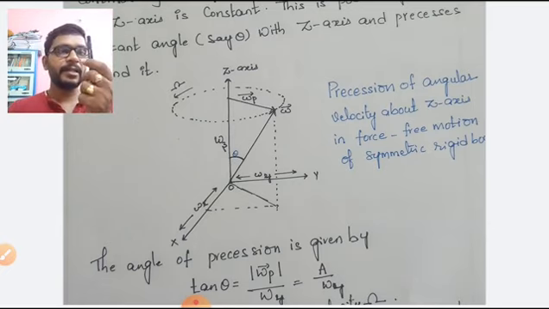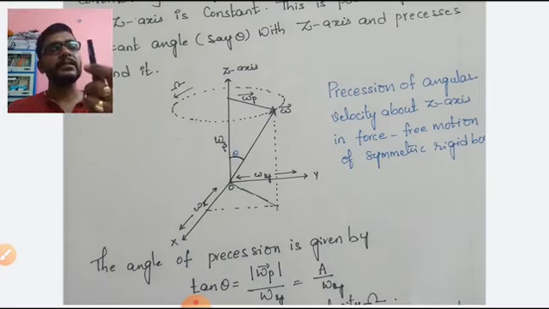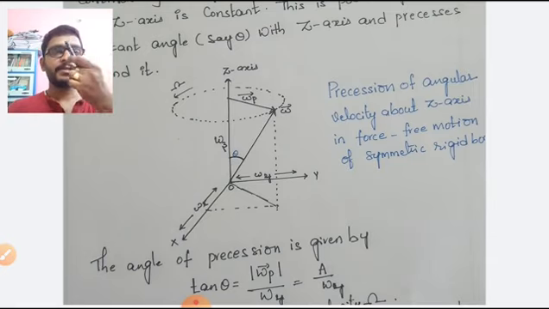See, this is rotating about one axis; that rotation is called spinning. Now this rotating axis also rotates about a fixed axis. That motion is called precessional motion.